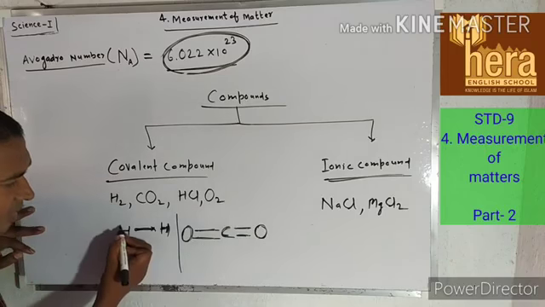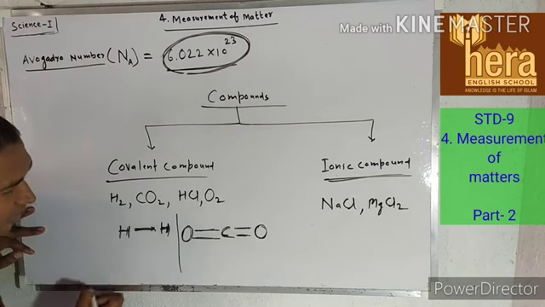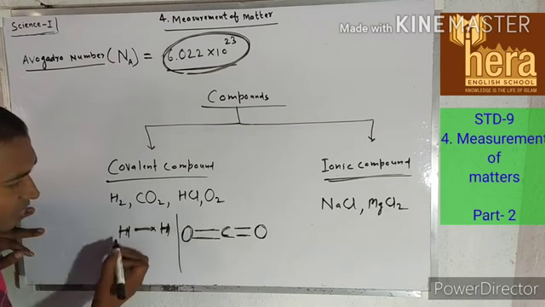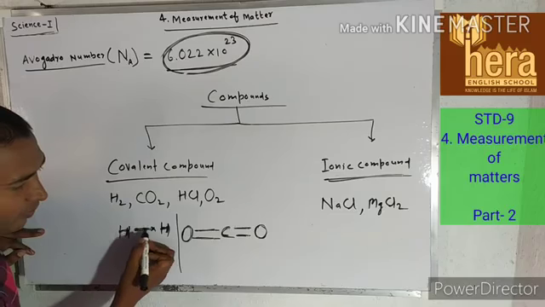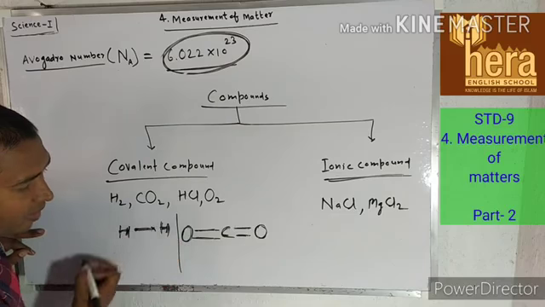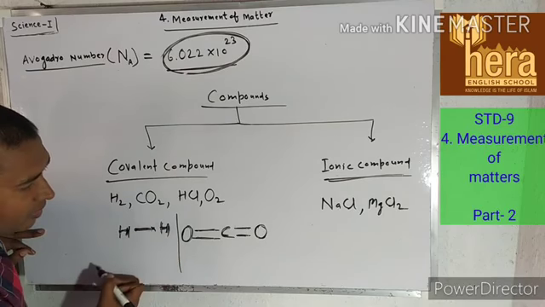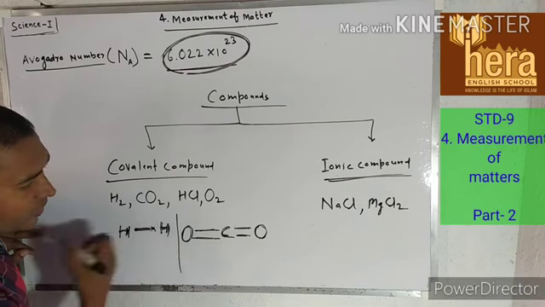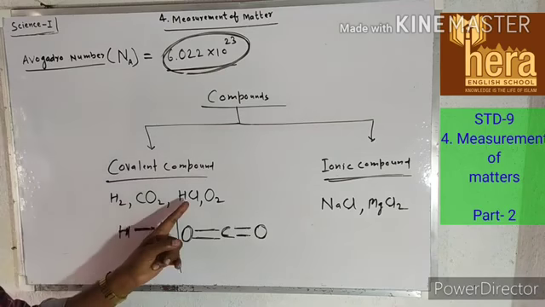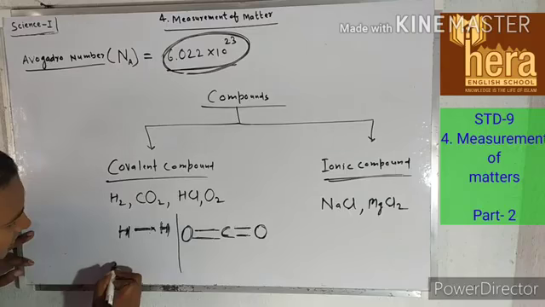Similarly, if you consider this hydrogen atom, there is only one single bond, so the valency of the hydrogen atom will be 1. And for this other hydrogen atom, there is only one chemical bond, so its valency will be 1. Similarly, HCl.